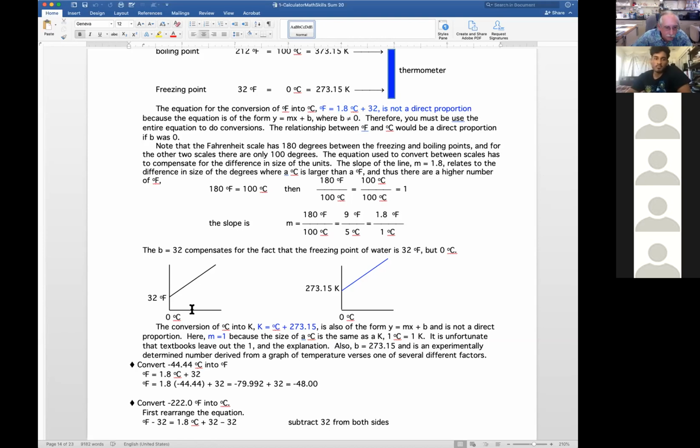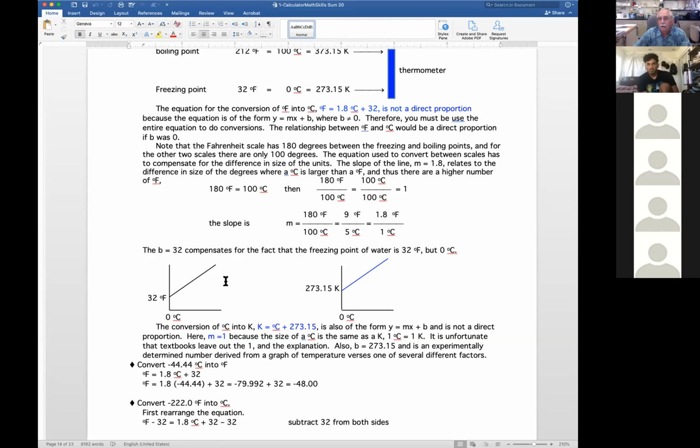So at 0, F is equal to 32. That's b. And the slope of the line is 1.8 degrees Fahrenheit for every 1 degree Celsius. But because this does not pass through zero, it's not a direct proportion. Therefore, to solve problems with it, you have to always use the equation to compensate for that 32.